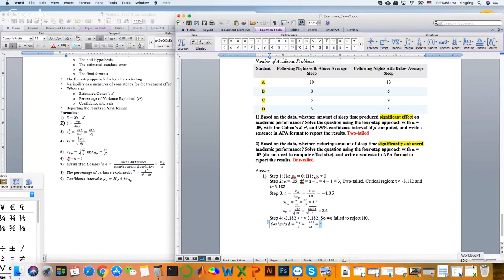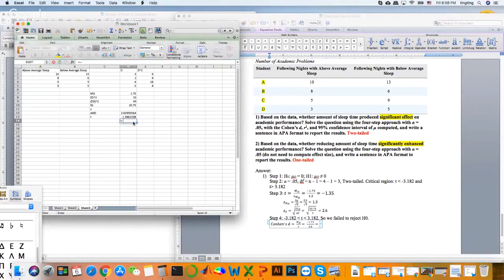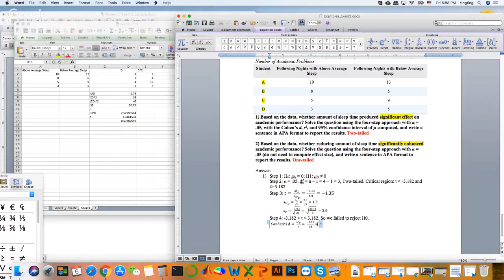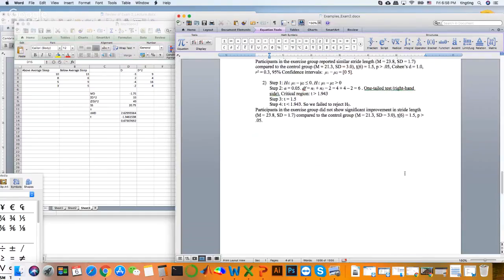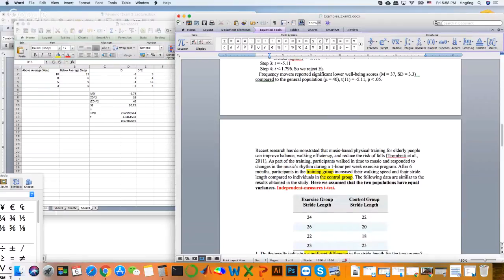Do it. Okay. We need to report all Cohen's d as a positive value.